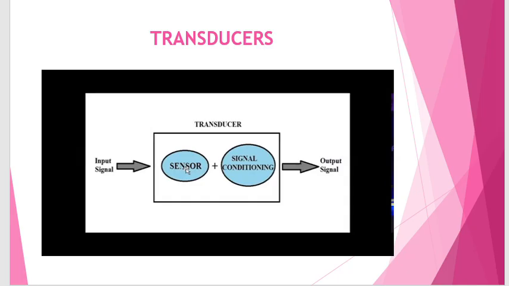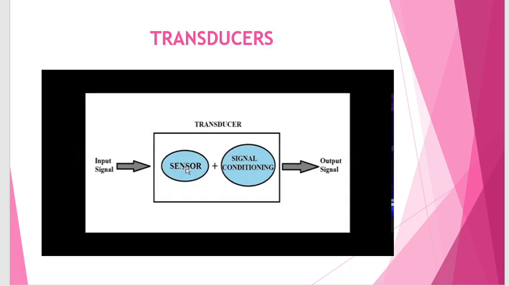So, we can define transducer as follows. Number one, a transducer is a device which transforms energy from one form to another form. That is called a transducer, and it is an input device.